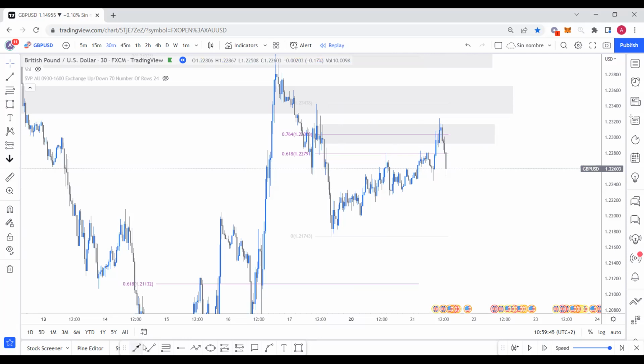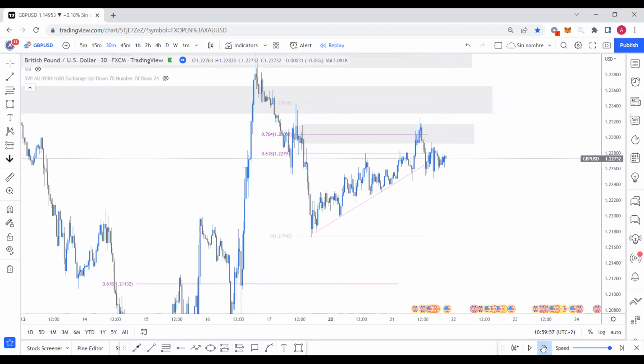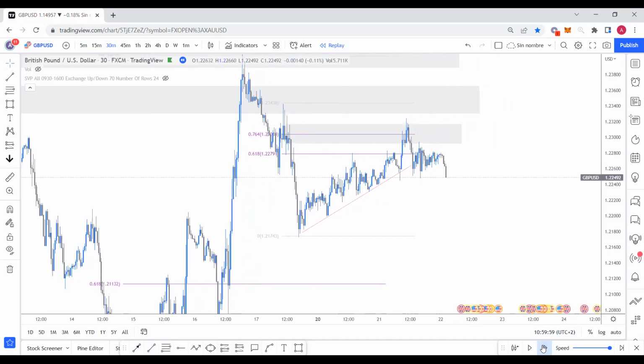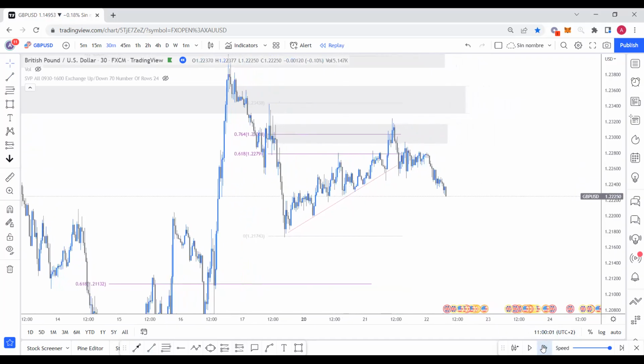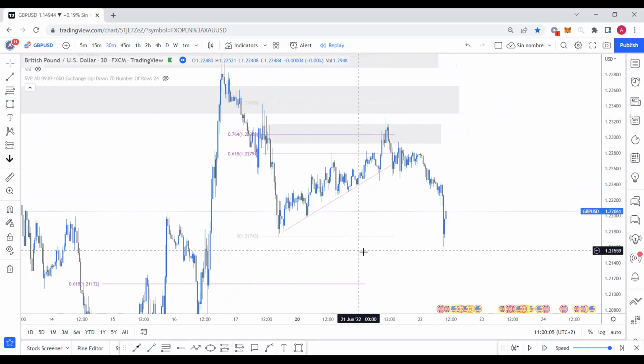Sooner or later, you will see price take out all of this liquidity. There we go. Now price took out all of the liquidity, and this would be a liquidity grab.